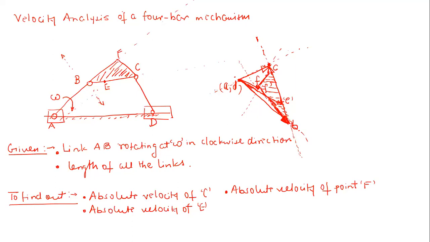Any guess? If I say that this side small bf is perpendicular to capital BF, am I correct or not? Yes, sir. Similarly, small bc will be perpendicular to capital BC, and small cf to capital CF. This is very easy to guess.